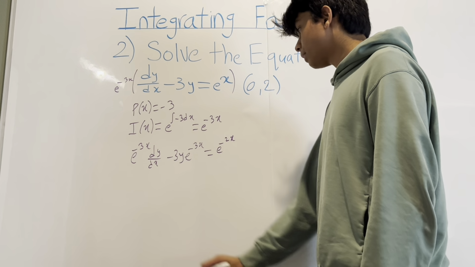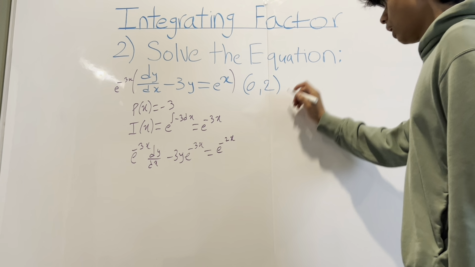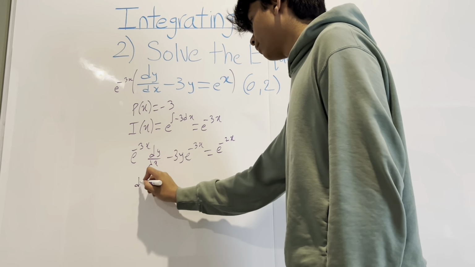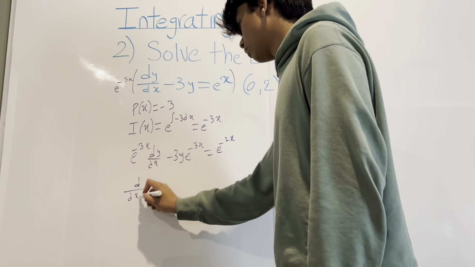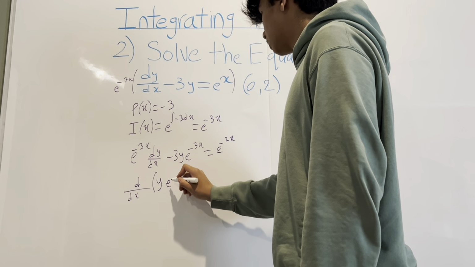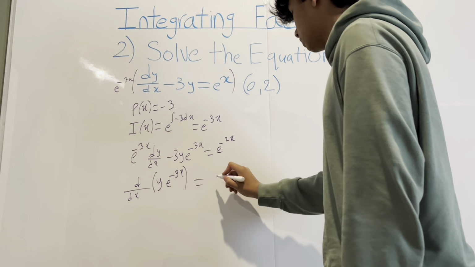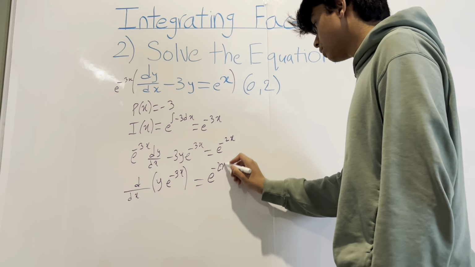And now this whole left side is the derivative of y times e to the negative 3x, which is the integrating factor. And the right side stays the same, so e to the negative 2x.